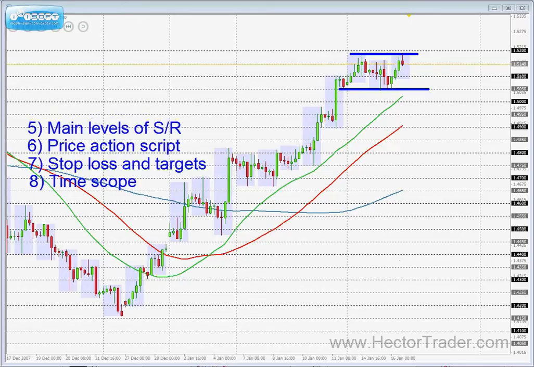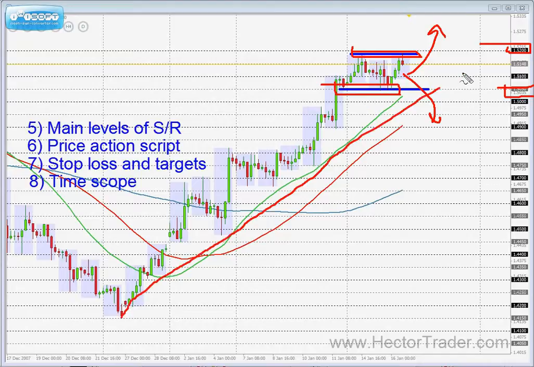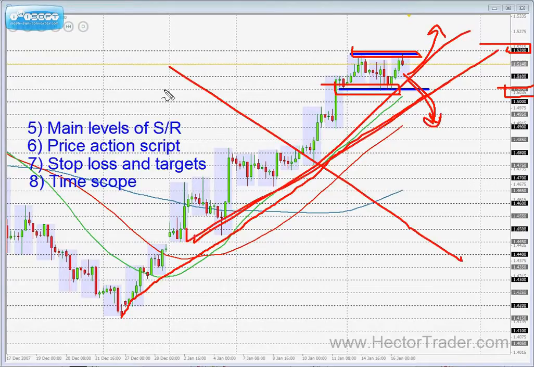In this case, I already mentioned that these were my levels of support, the 150.50, and that was my level of resistance, the 152 down below. Those are the levels I want to keep an eye on, both for a possible breakout in the direction of the main trend in order to search for entries, or if it goes against and breaks my main level of support, both that level and this uptrend, well, the setup is no longer valid, and therefore I will cancel it.